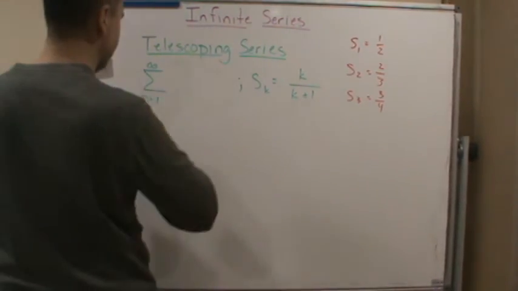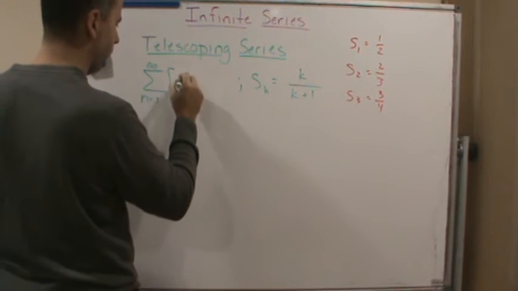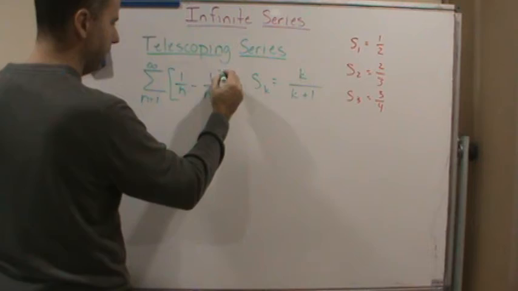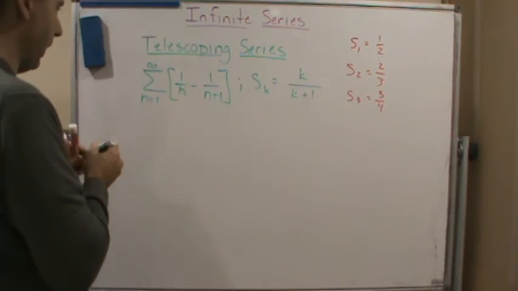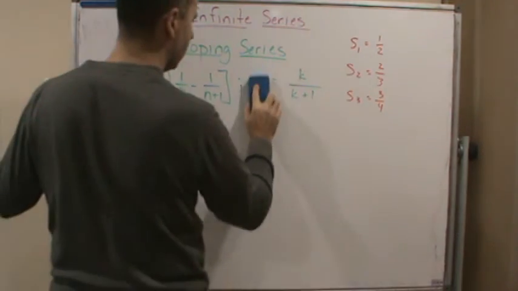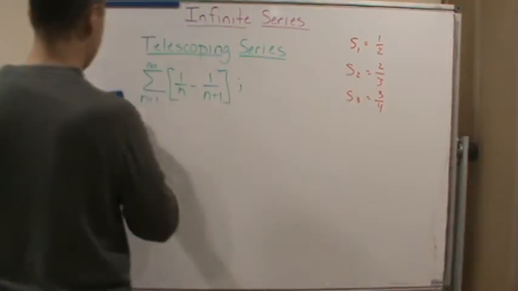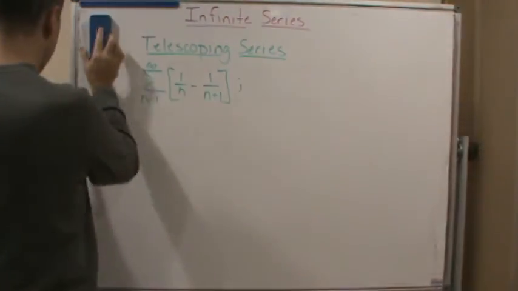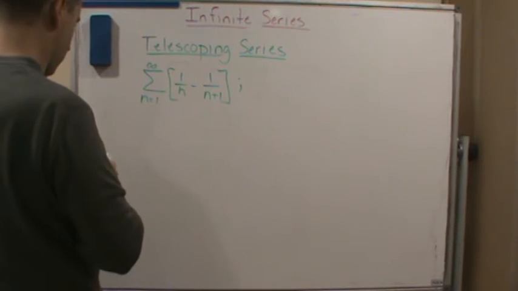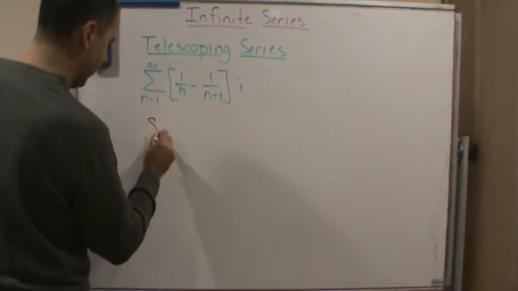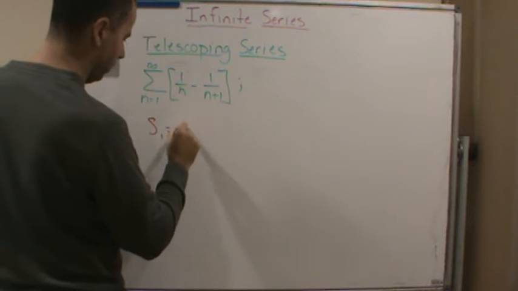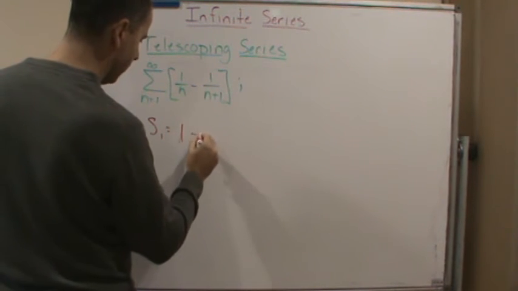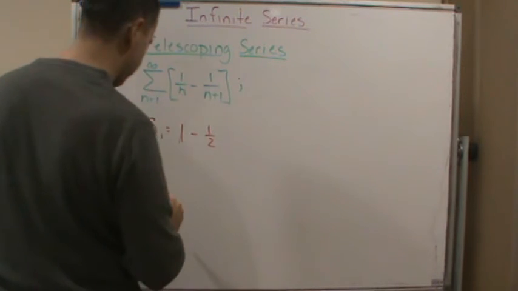Again, I'm going to write this as the series of 1 over n minus 1 over n plus 1. So S1 is going to equal 1 minus 1/2.